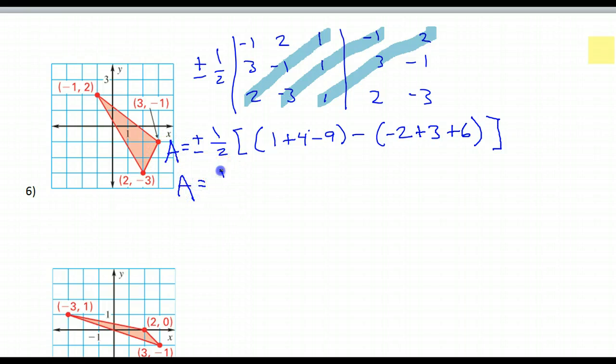Alright, so that area is going to be plus or minus half of, okay, let's see, so this is 5, this is 5 minus 9, so that's negative 4, and then minus, okay, negative 2 plus 3 is 1, plus 6 is 7.